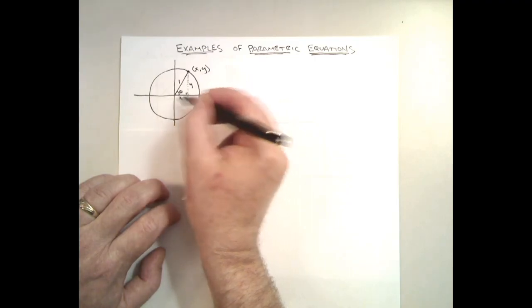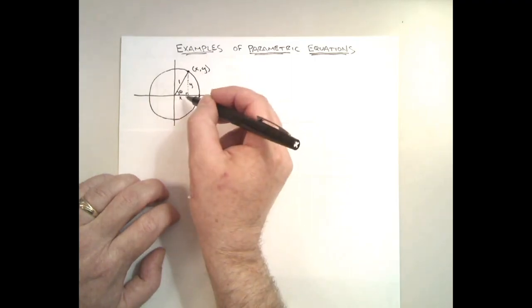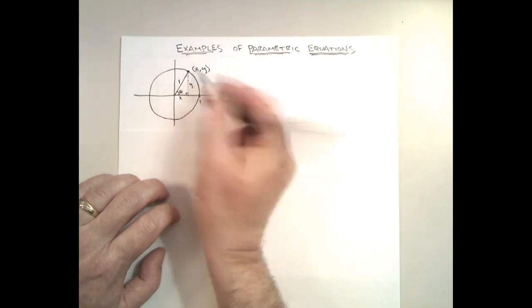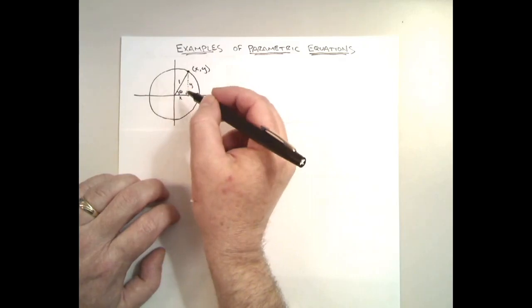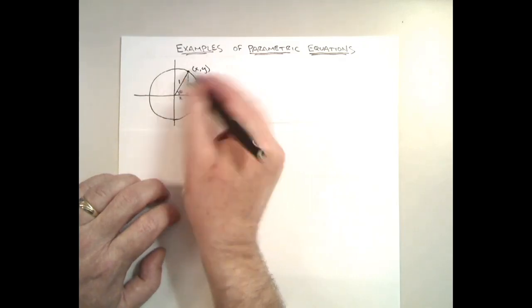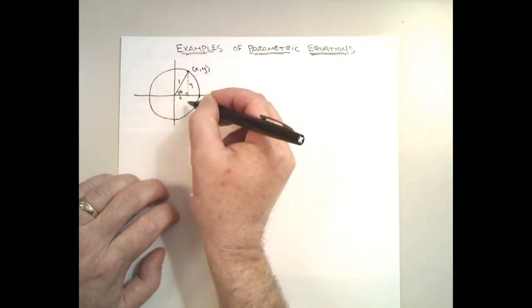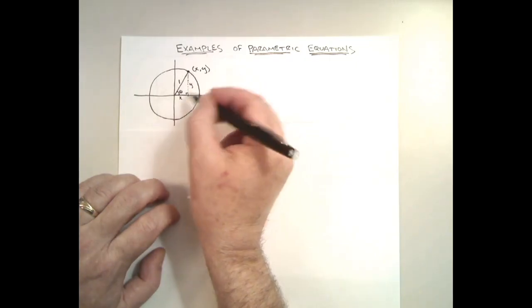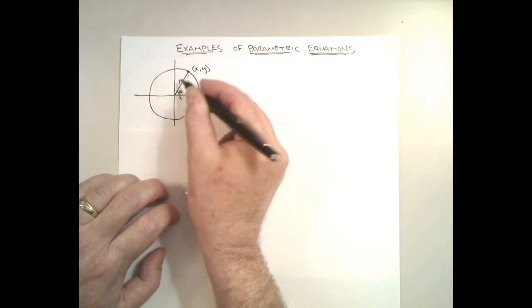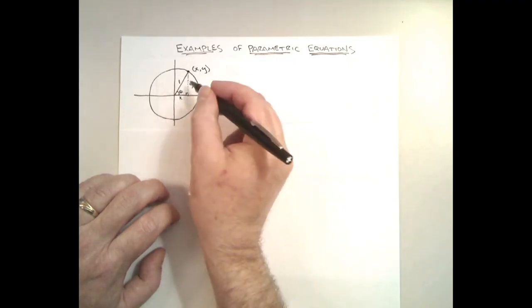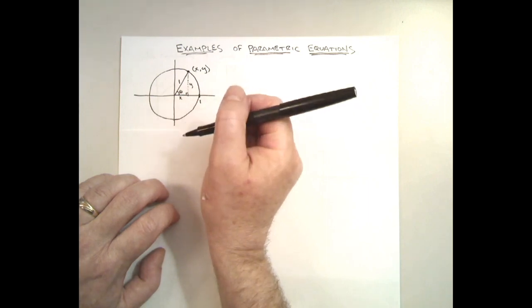The bottom leg of our triangle has length x, the x-coordinate of our point, and we can just read off the Pythagorean theorem in terms of the symbols adorning our picture. So x squared plus y squared is 1 squared, 1. So x squared plus y squared equals 1 is the equation of our circle.